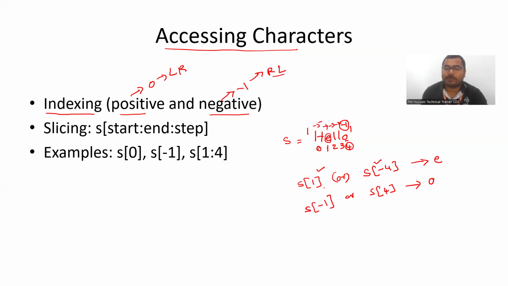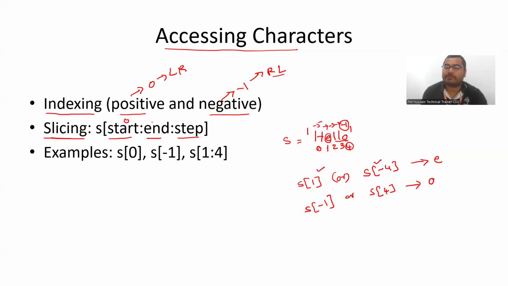Now, by using this index concept, you can access only one single character. But if you want to access a longer sequence of characters, suppose LLO, then we can use the concept called slicing. In slicing also we use the index, and slicing has three parameters: start index, end index, and step. If start is not specified, it is considered as 0.